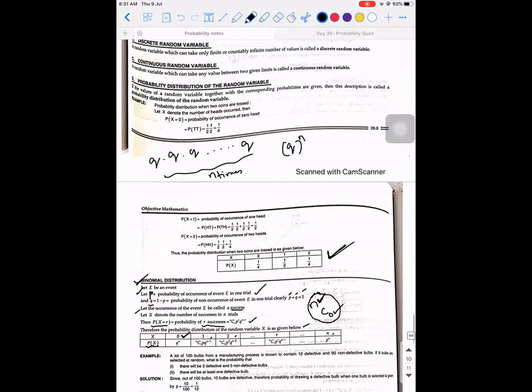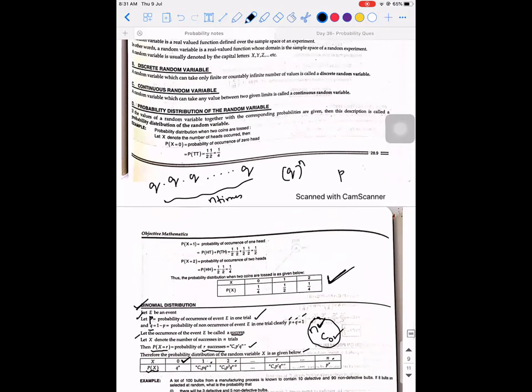Can I write this q power n as p power 0 into q power n, and the coefficient is 1, so can I write it as nC0? Did you understand what I did? Yes, sir. So this is what is given as the formula, nCr into p power r into q power n minus r.